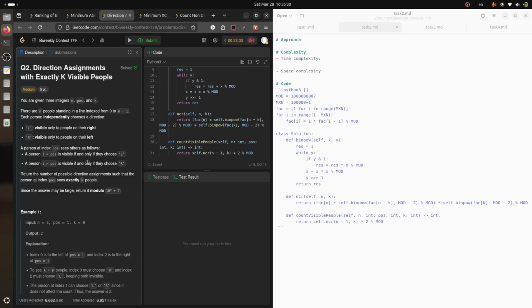So we just need to choose k out of n-1 people, but the direction of person pos is irrelevant, so we multiply it by 2.